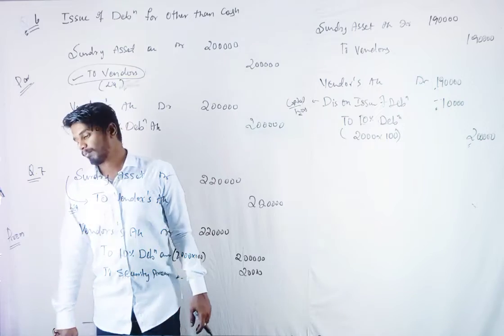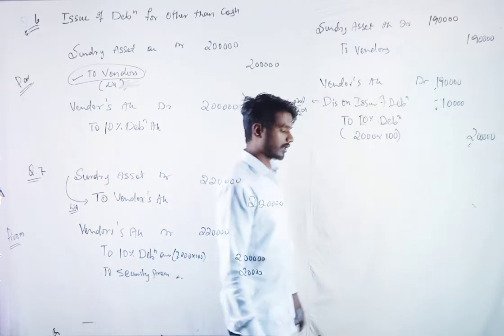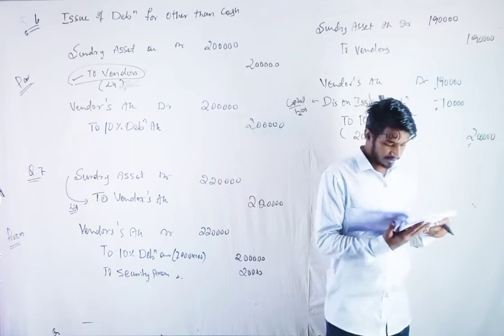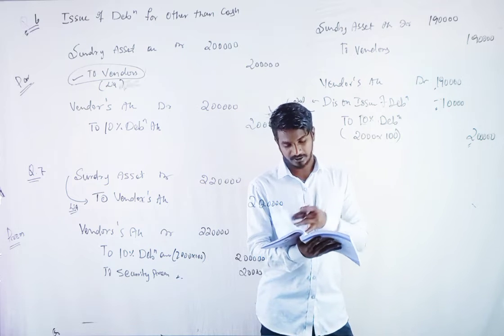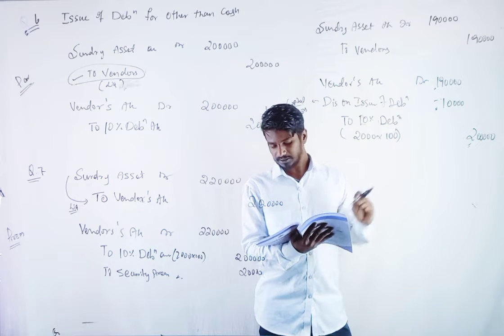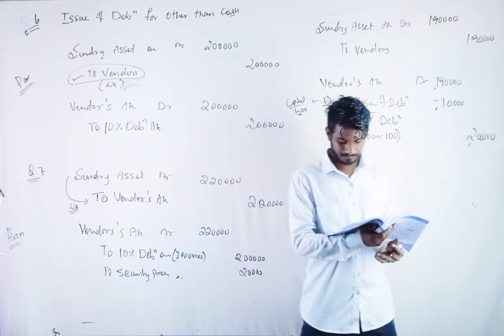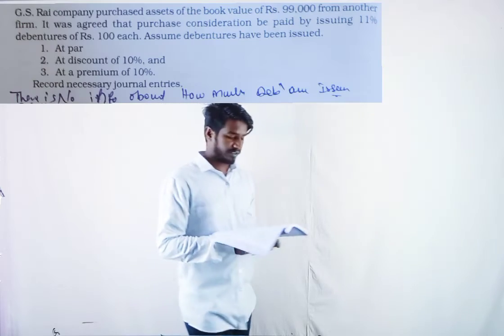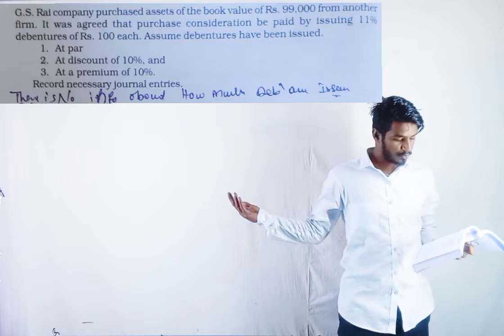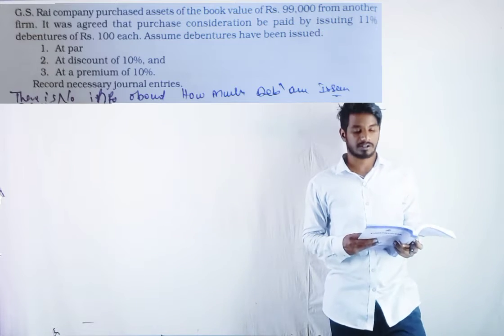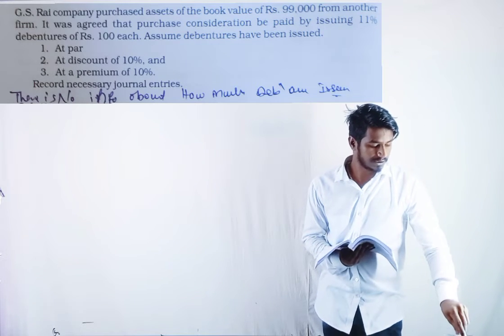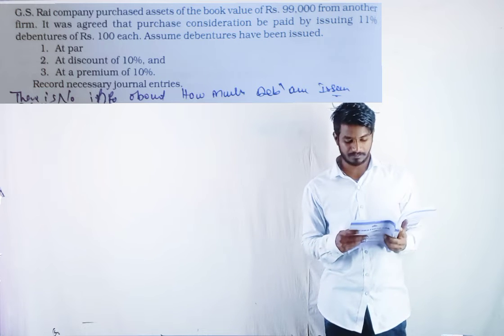We have done par, premium and discount also. Let us move to the next question, question number 9. The question is on the board. You can take down the question right now. Shall we read the question?